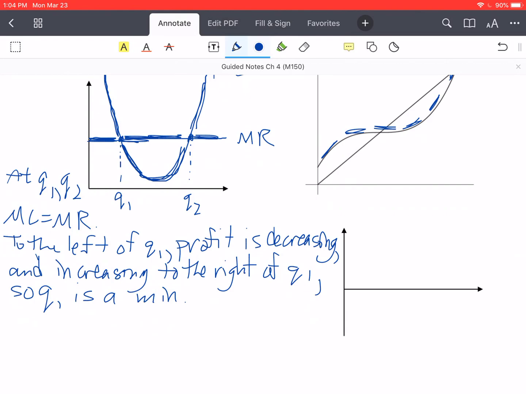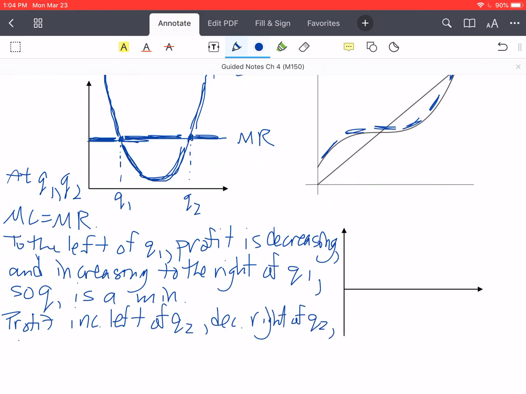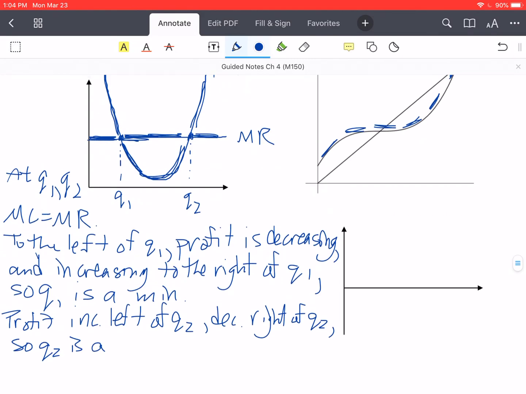So we can say profit is increasing left of Q2, decreasing right of Q2. So Q2 is a max because we go from increasing to decreasing.